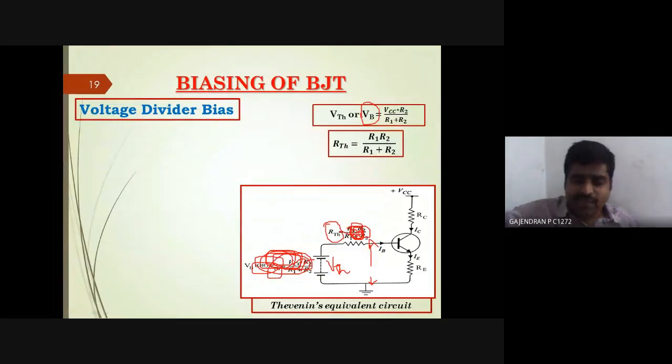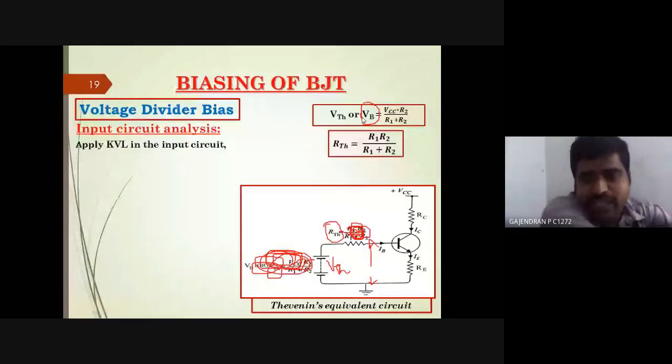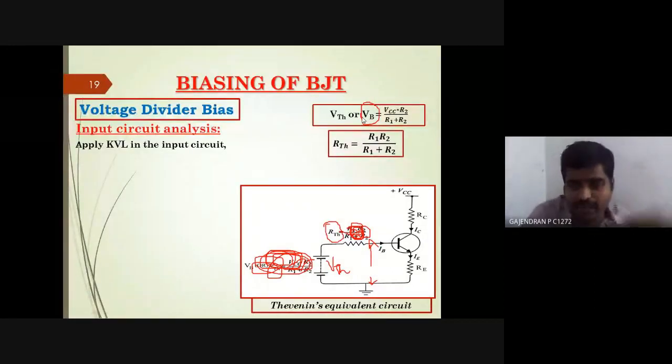Yes. With this, please tell me what is the input circuit analysis using KVL? Can you tell me the equation, please? First trace the path. From where to where should it go? Input path. Where to where?